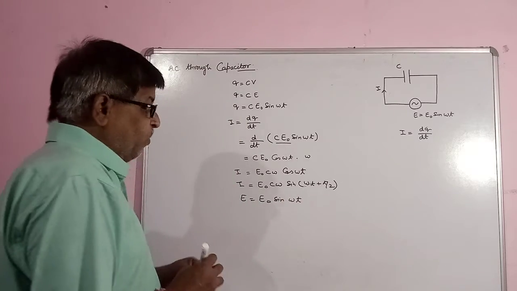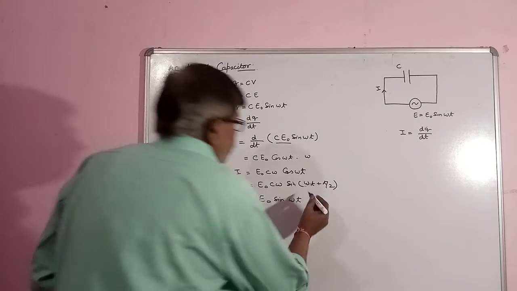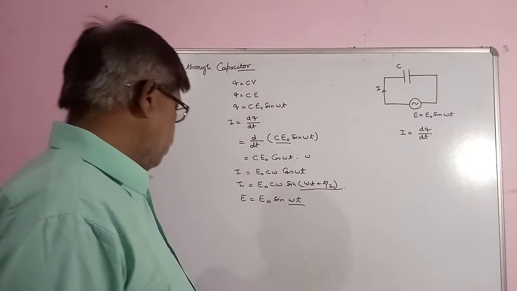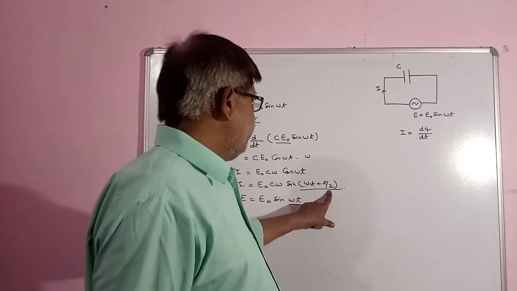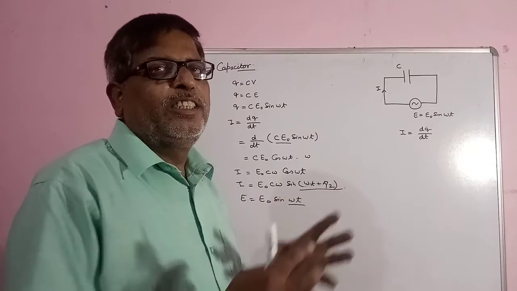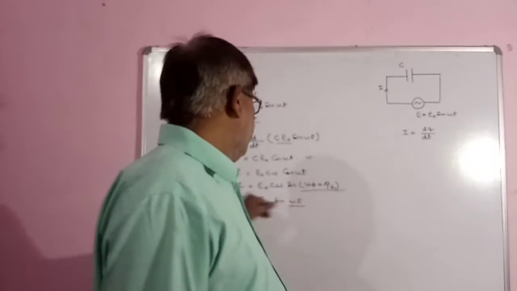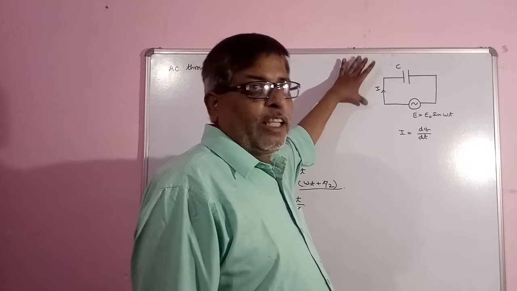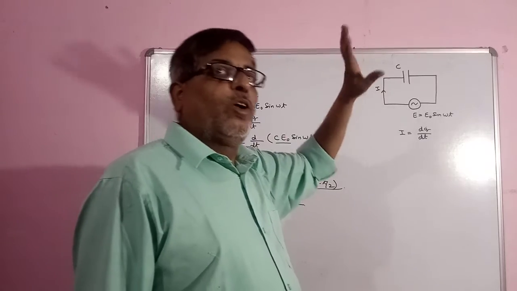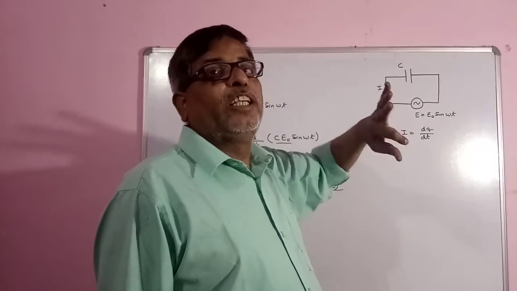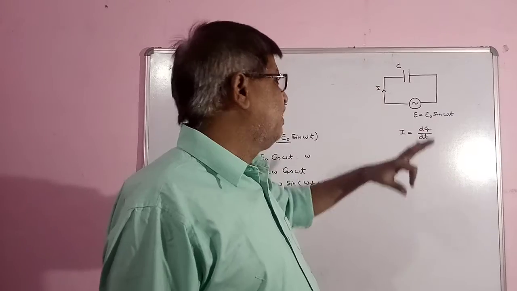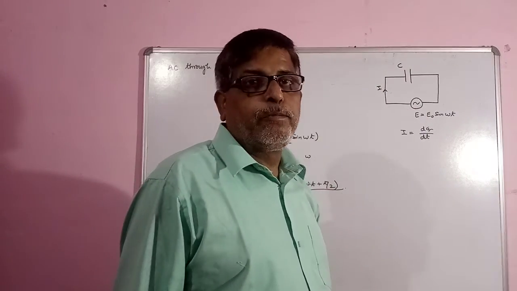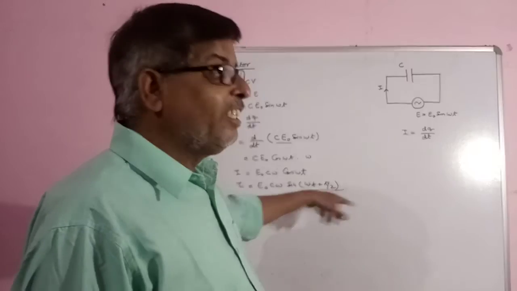So what is the phase difference? The phase difference of these two equations is pi by 2. Means there is a phase difference of pi by 2 between current and voltage in case of capacitor. There is also a phase difference of pi by 2 in case of inductor, but in that case current is lagging behind. But here it is leading.